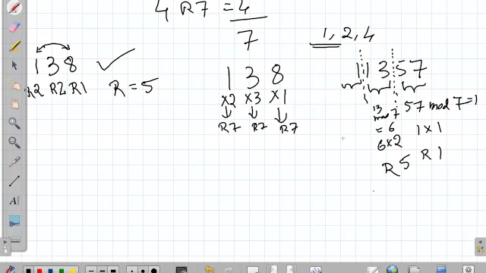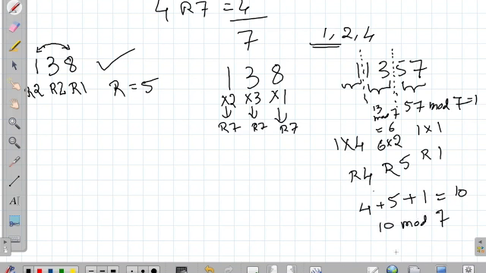We know the remainder is 4, so 1 times 4. If we add 4 plus 5 plus 1, that gives us 10. So again, we can just take 10 mod 7. That gives us a remainder of 3.